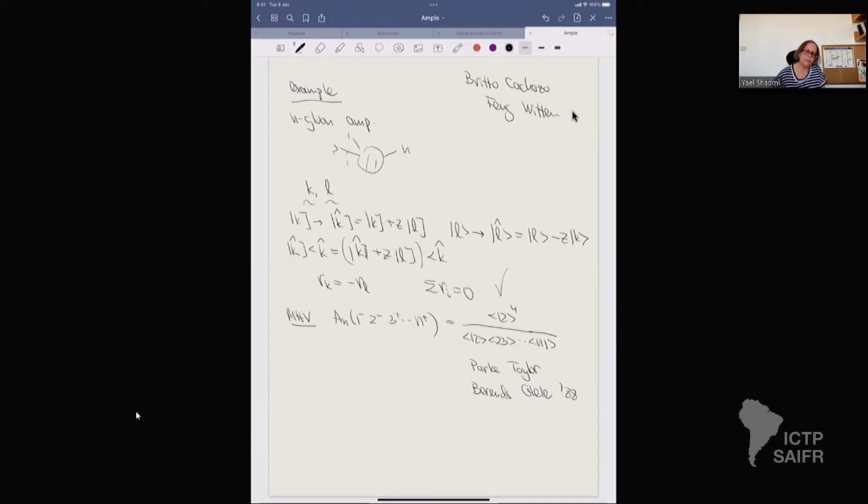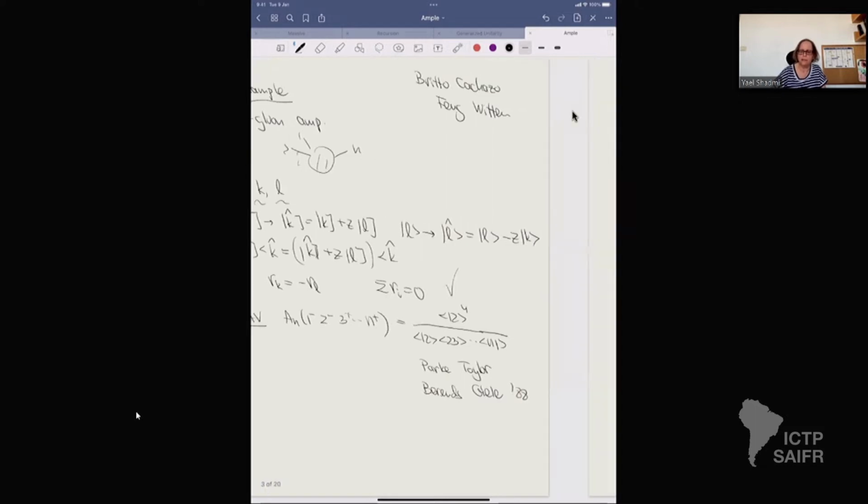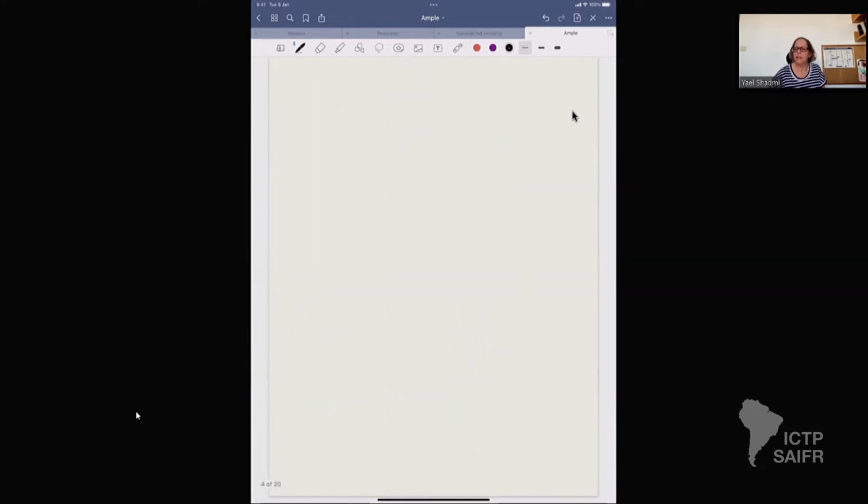But with this shift method, we now have a much simpler way of showing the recursion. And plus, as we said before, you can use this to derive all the N-point amplitudes, not just the MHV, but everything else. Okay.